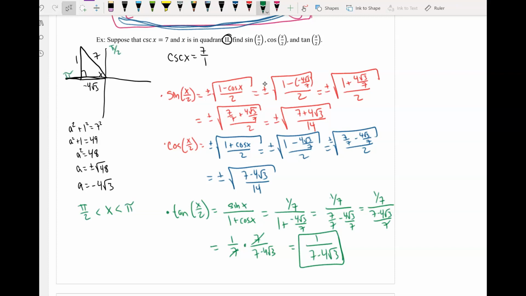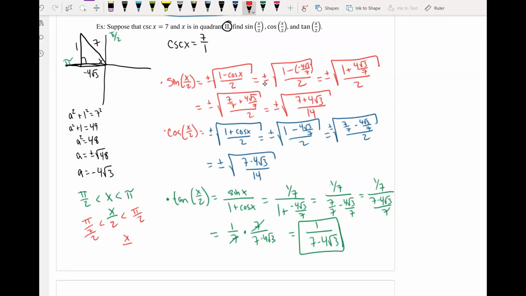Now, in order for me to find the sign, I need to know where exactly half of that is. So I'm going to divide this by 2, and if I do it to this side, I also have to do it to the other guys. I'm going to divide this guy by 2, and this guy by 2. So I get that x over 2 is between pi over 4 and pi over 2.